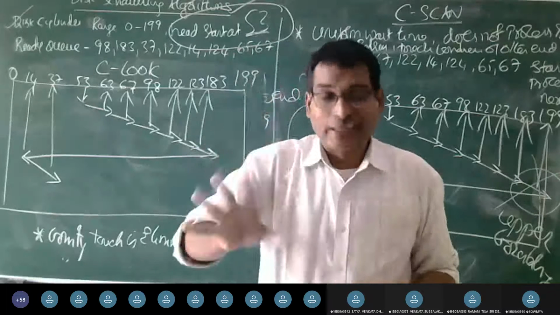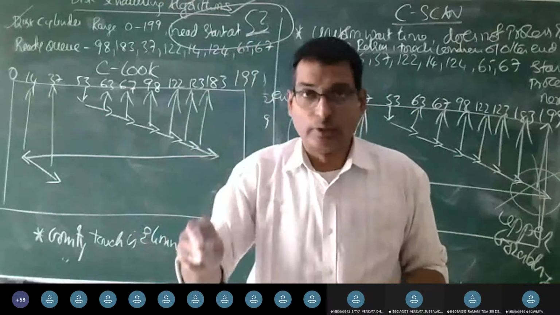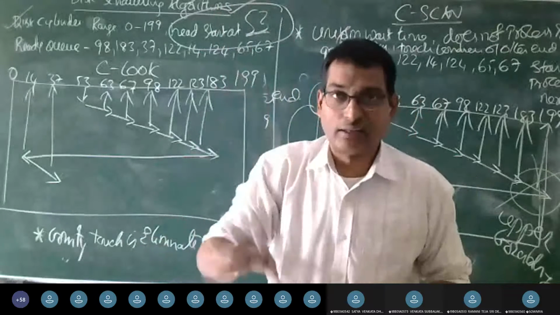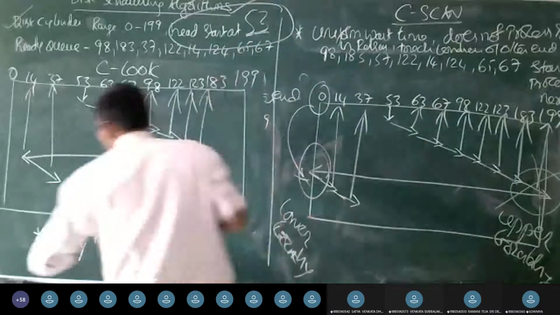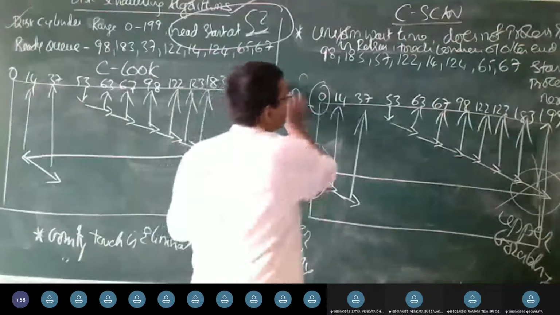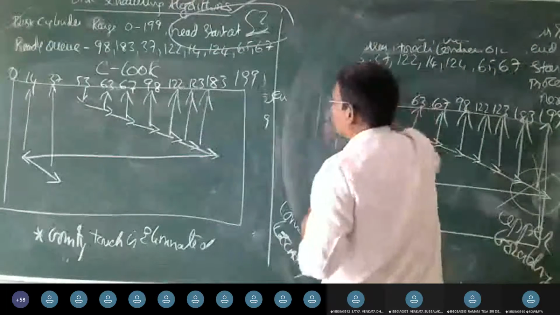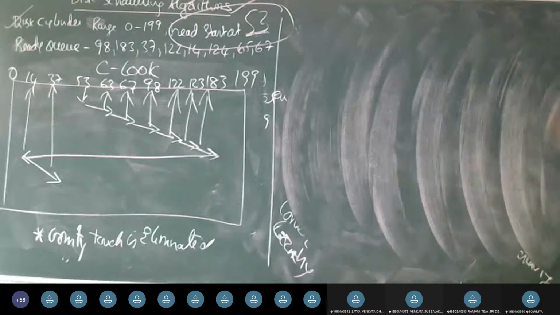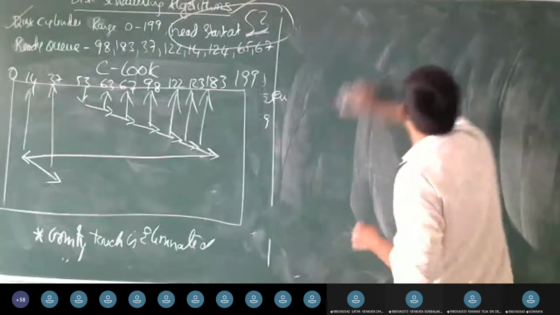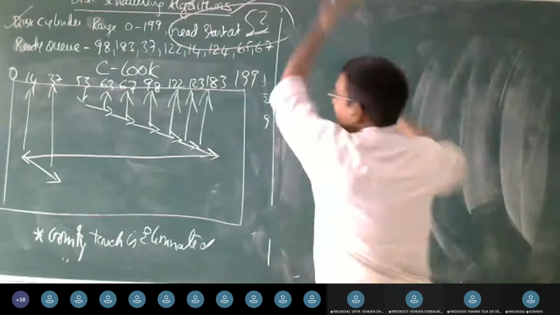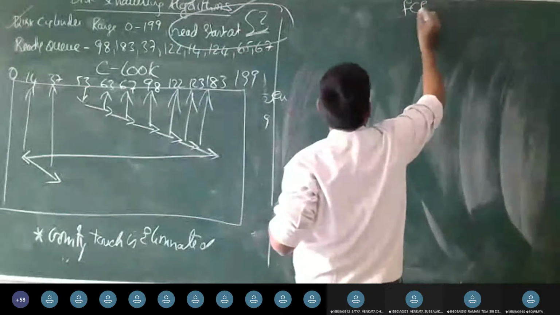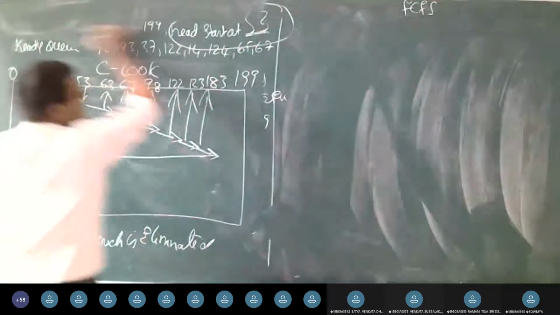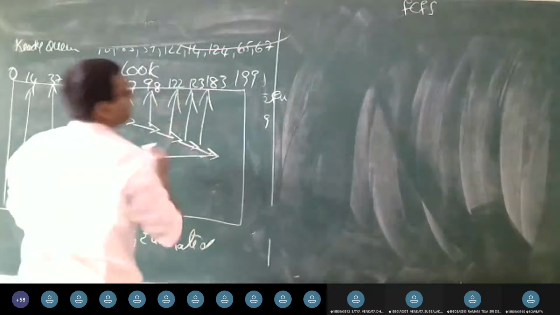So a quick recap of the 5 algorithms we will do right now, okay? The first one was FCFS. What were the ready queue items?